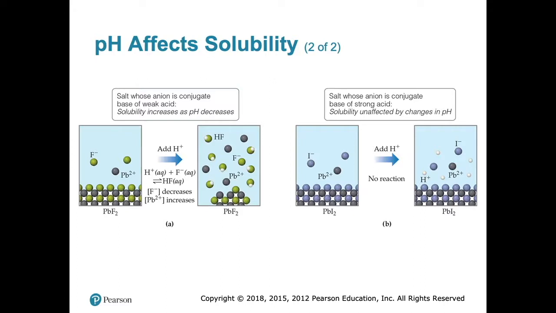So if the salt's anion is the conjugate base of a weak acid, solubility increases, but when it's different, it doesn't matter. Nothing changes. That's just one of those things you have to remember.